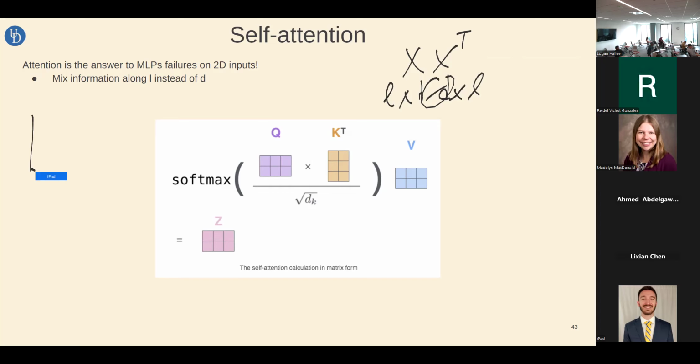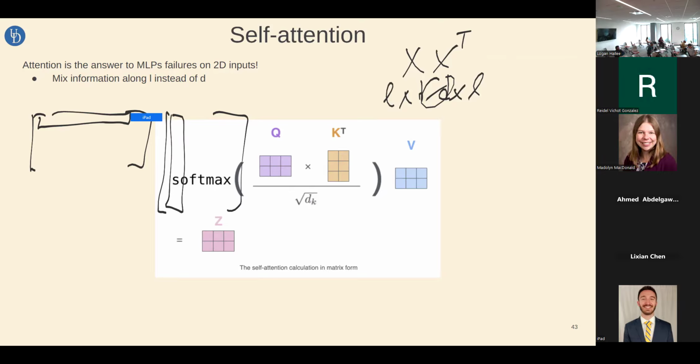Let's assume L and D are actually different this time. In that case, we'll be looking at the rows of X and the columns of X transpose. But because those were the same matrix, those are the same things. And so the dot products or the vector similarity from the resultant matmul are going to be really high.